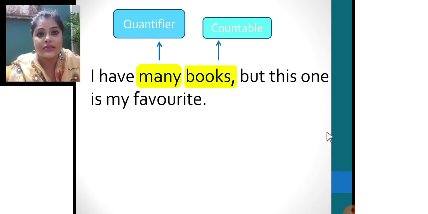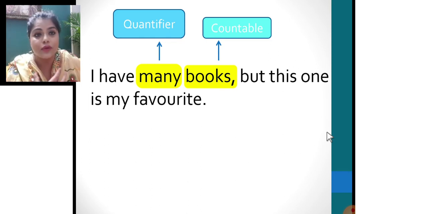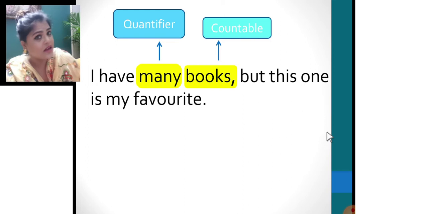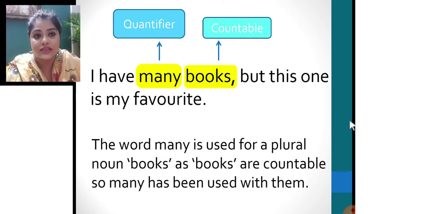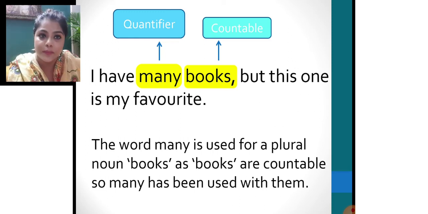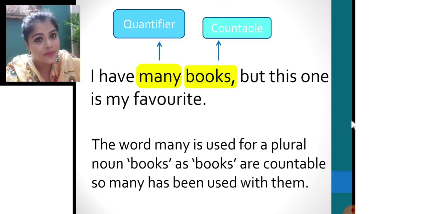Now, many is a quantity. I'm talking about the quantity, that I have many books. So, the word many is used for a plural noun like books, as books are a countable noun. The word many is used with books because it is a countable noun.